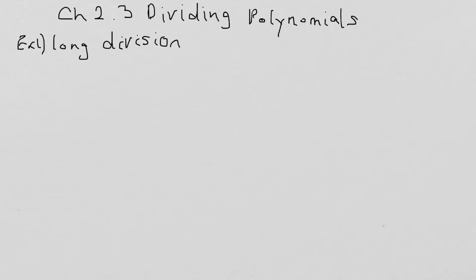Okay, the first example is using long division for dividing a number. So for example, if we have 252 divided by 12, and we wanted to use long division, we have 252 divided by 12.